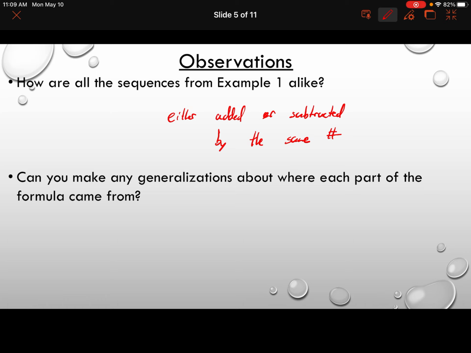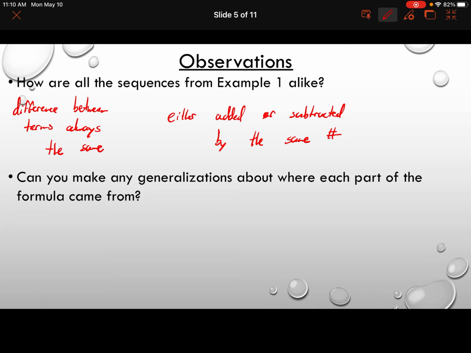Or it had a common difference. In other words, the difference between terms was always the same. It's probably a more appropriate way to say it this way as opposed to that way.